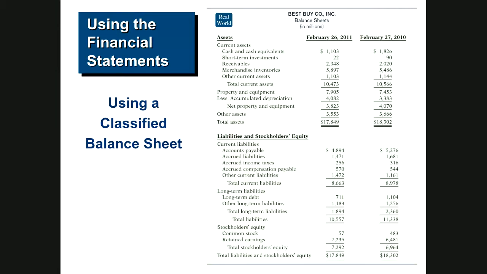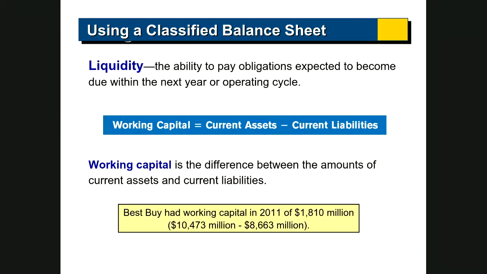Okay. Now we go into the next set of ratios based on the balance sheet. A liquidity ratio is, for example, the working capital. What is working capital? It is current assets minus current liabilities. Current assets are those things that you're going to either get benefit from right away or within 1 year.